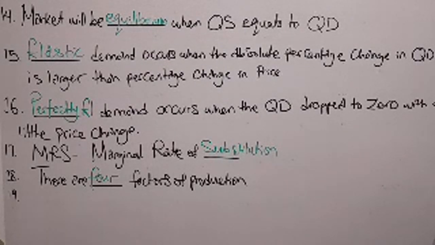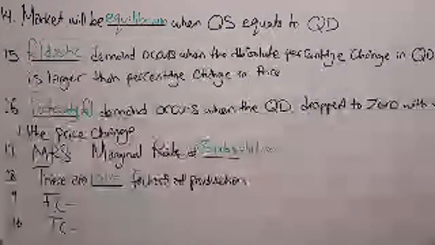So now, let's take note of this abbreviation. It says here, FC is an acronym for dash. And we have TC.